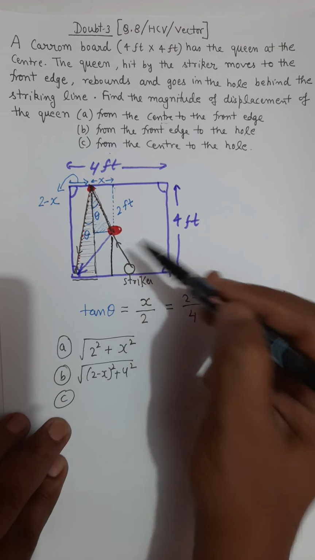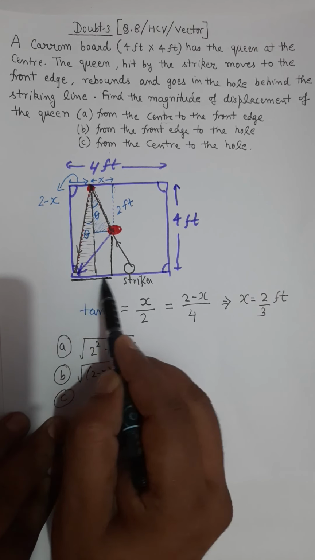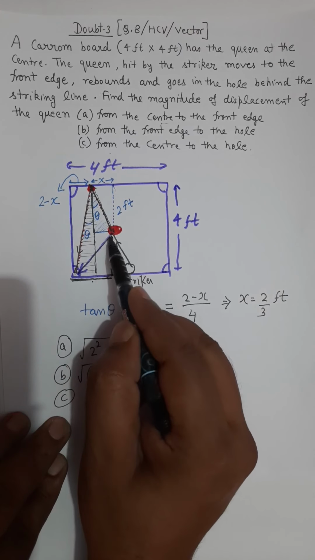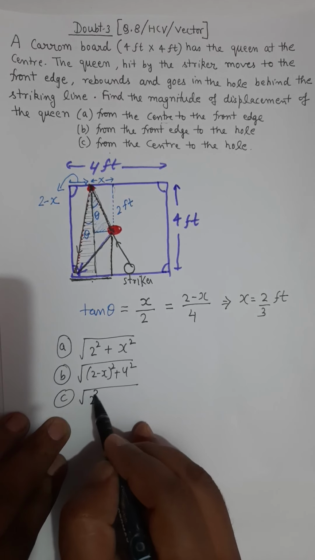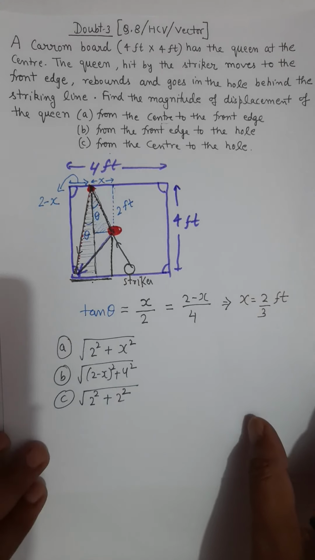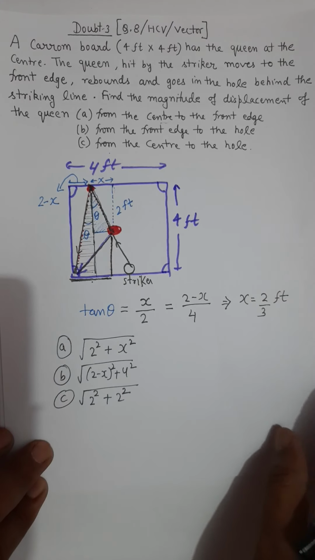This length is 2 feet, and this total length is also 2 feet. So here is a right angle triangle, 2 feet, 2 feet, and this distance will be again by Pythagoras theorem, square root of 2 square plus 2 square. So that was the solution for question number 8 from HCV chapter vector.